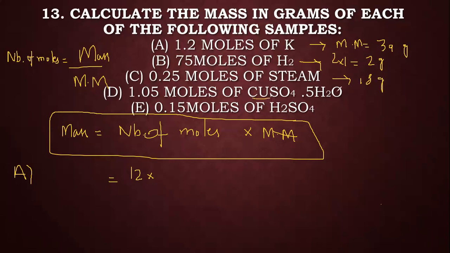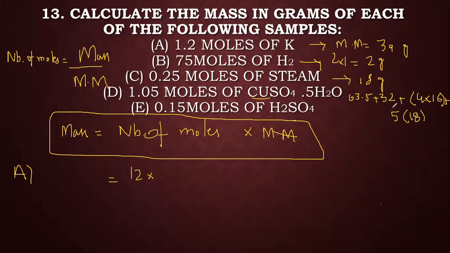Now in this case, CuSO4 5H2O. Cu, the atomic mass is 63.5, plus sulfur 32, and oxygen 4, means 4 multiplied by 16, plus 5 moles of water, means 5 multiplied by 18.